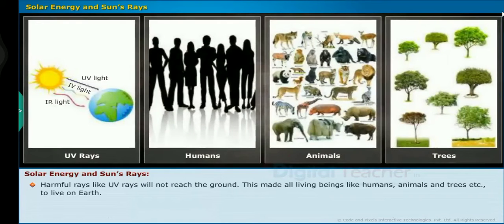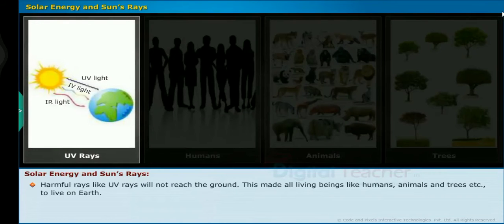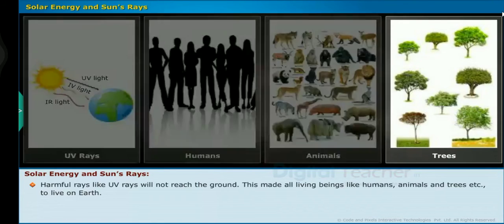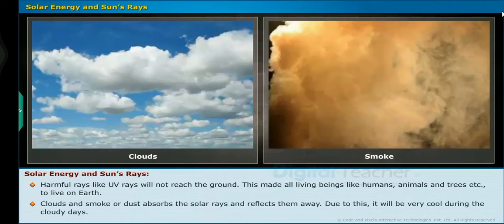Harmful rays like UV rays will not reach the ground. This made all living beings like humans, animals and trees etc. to live on Earth. Clouds and smoke or dust absorbs the solar rays and reflects them away. Due to this, it will be very cool during the cloudy days.